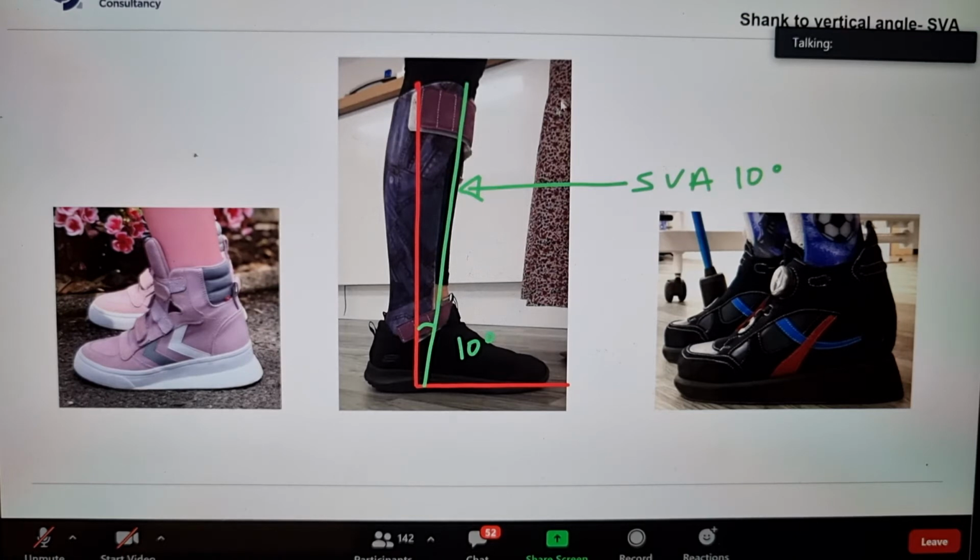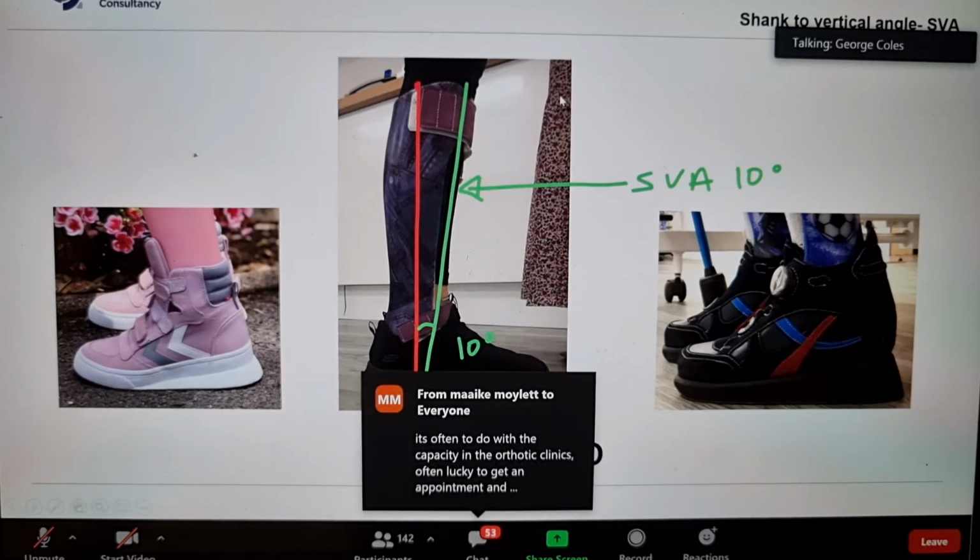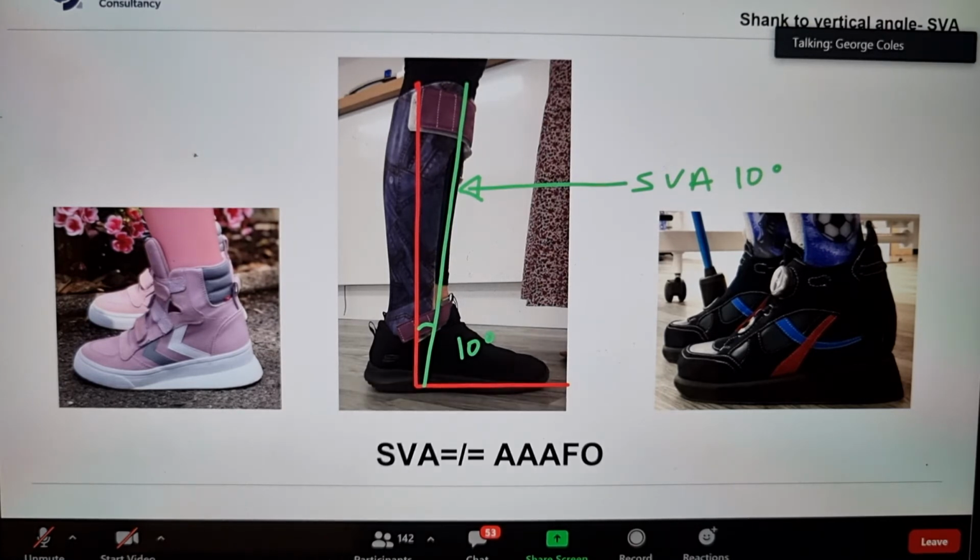That's fine. SVA does not equal the ankle angle. That's something that we see all the time, people confusing the two, whether that's parents or other clinicians, not quite getting that. Yes, we've put a heel on the AFO, but that's not to do with the SVA. Or yes, we have put heel wedges inside the shoes, but that is for the SVA. They're not quite the same.